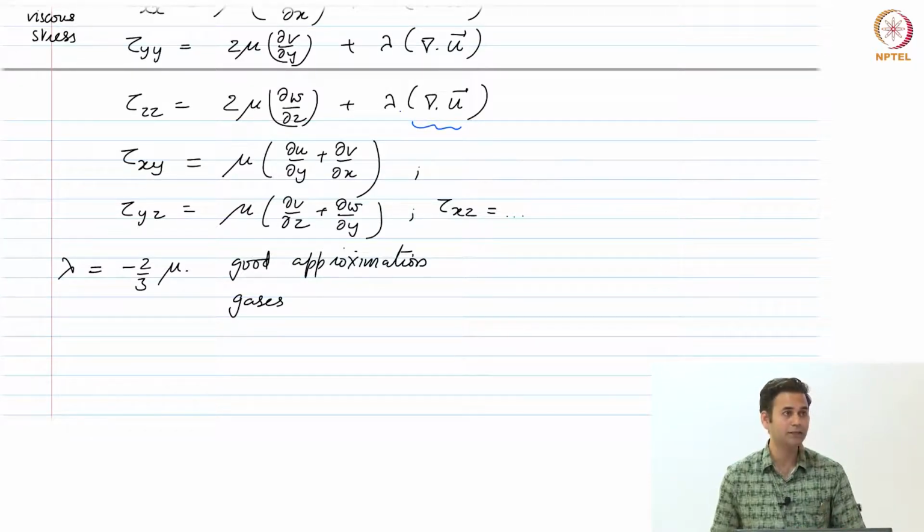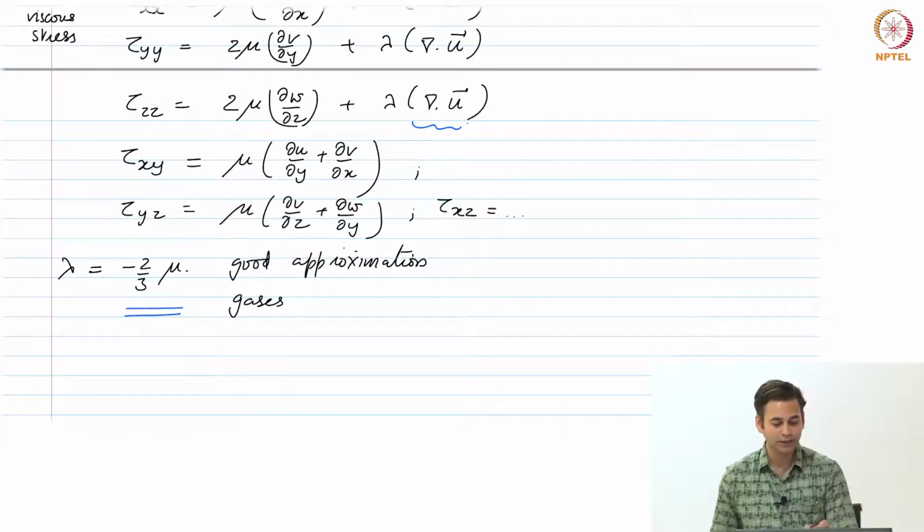So, partially the success of the originally proposed minus 2/3 mu is related to the observation that del dot u bar was even 0 in most of the compressible flows that were studied, okay. As a result, the proposed lambda equals minus 2/3 mu was a huge success for a few decades. Now, we tend to realize that it is because of this term going to 0 even for compressible flows, okay.